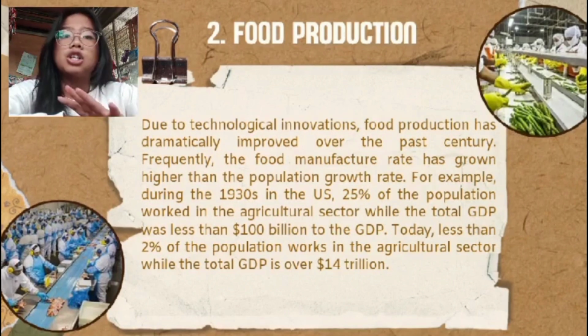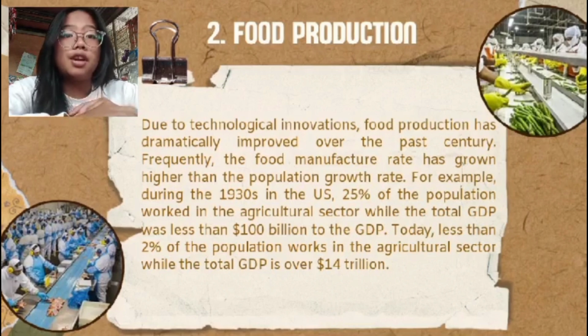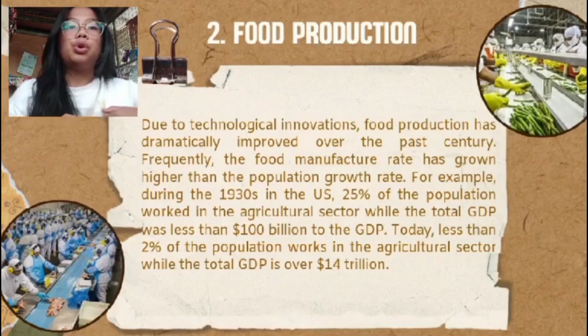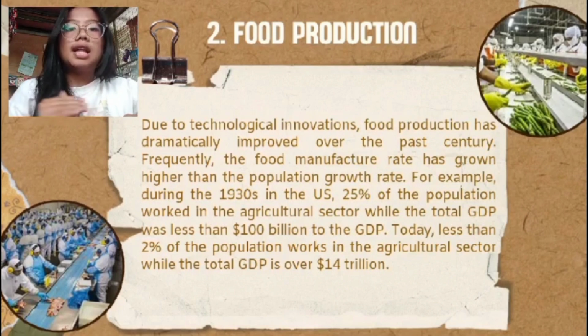So, food production has dramatically improved over the past century. This is due to technological innovation, and frequently the food production rate has grown higher than the population growth rate. For example, during the 1930s in the US, 25% of the population worked in the agricultural sector while the total GDP was less than $100 billion.